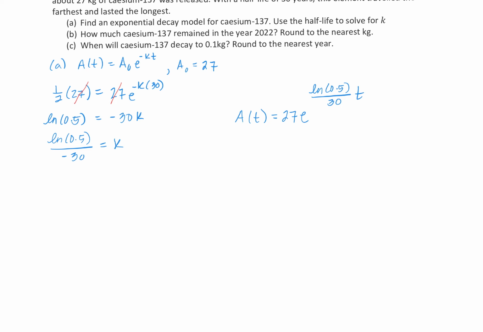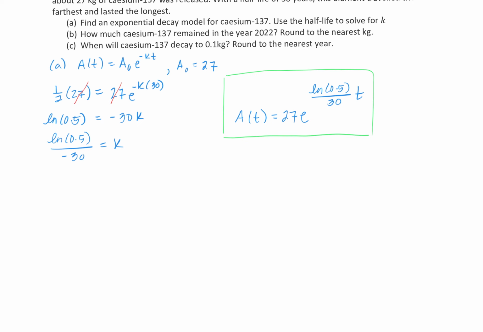This is the equation that models the amount of cesium in the atmosphere for any time t where t is in years.